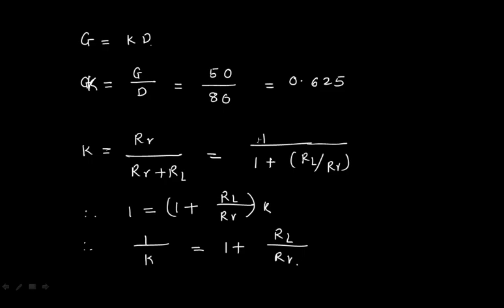Okay, so if I'm interested only in RL by RR, I'll send this 1 here, and that's why this will become 1 by K minus 1. So on the next slide, RL by RR is equal to 1 by K minus 1.